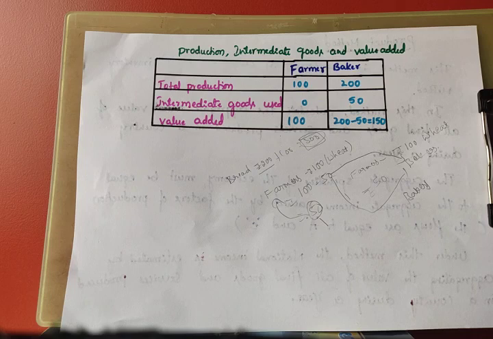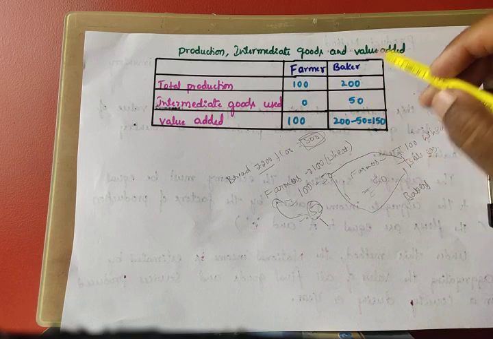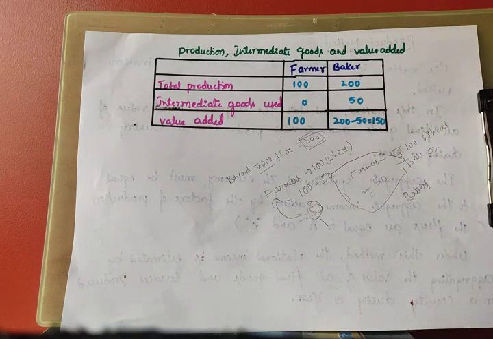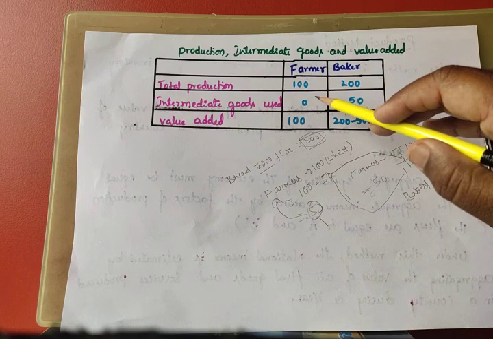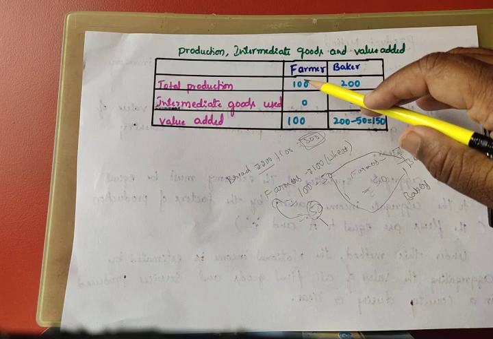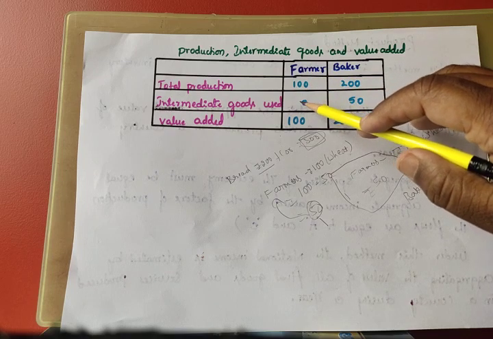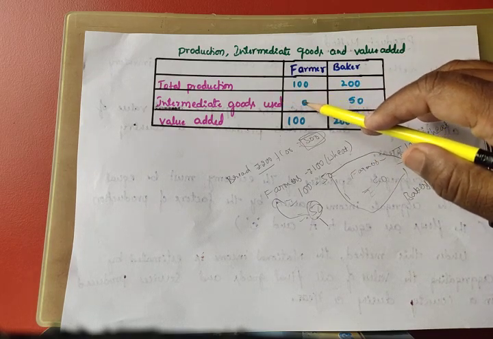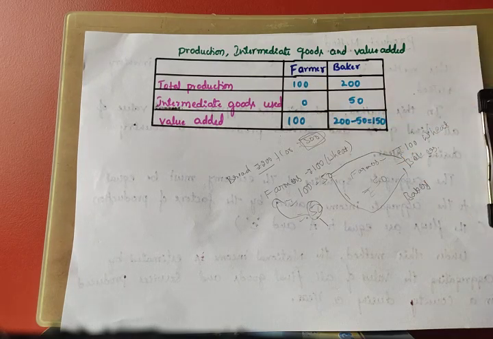Out of 100, how much they sold to the bakers? Only 50. Here, imagine farmers without using any raw material except human labor, they produced wheat. That's why there is no raw material, so intermediate goods are 0.